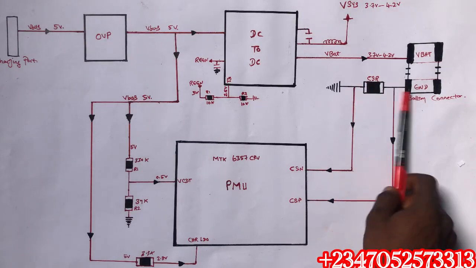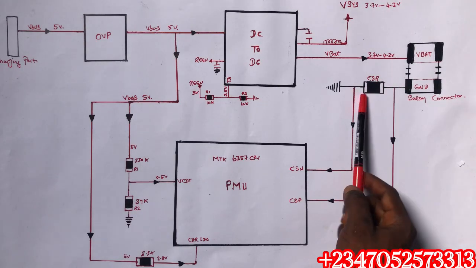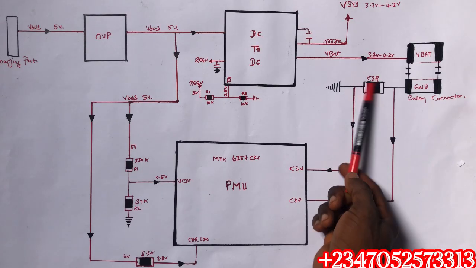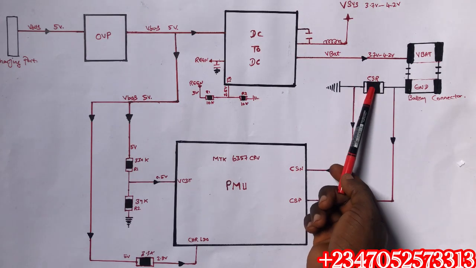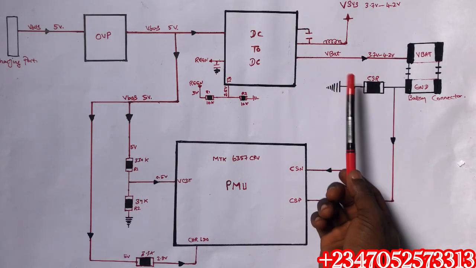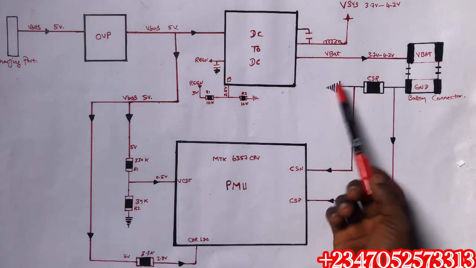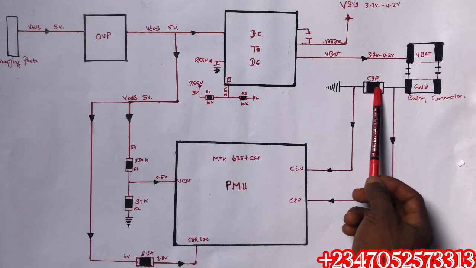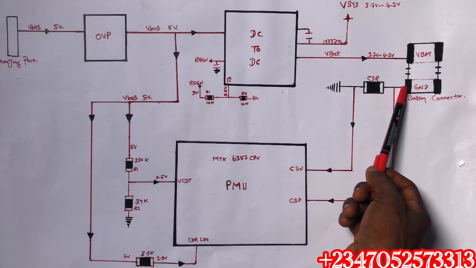Now, in our ground line we also have a current sense resistor, CSR. Some people call it a shunt resistor, some call it a sensing resistor, some call it a code resistor. Any name you want to give it, we all know that this is a sensing resistor, and it is connected to our ground.